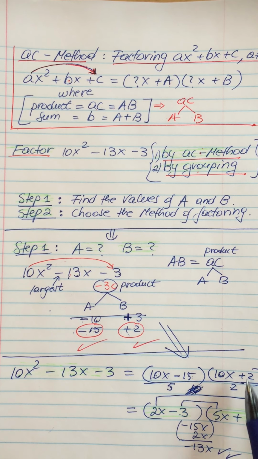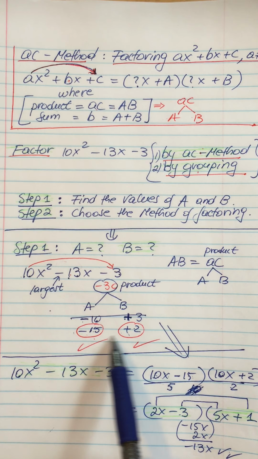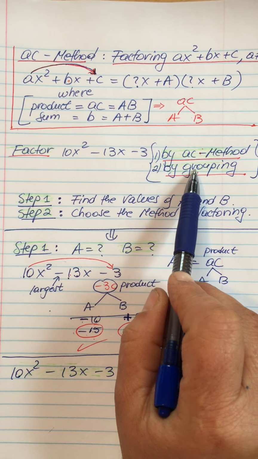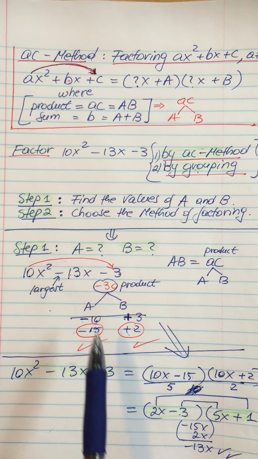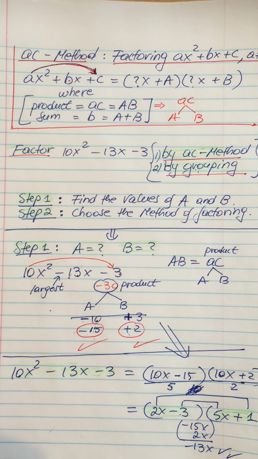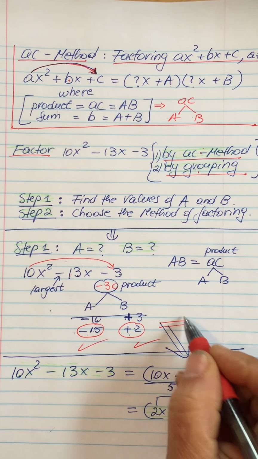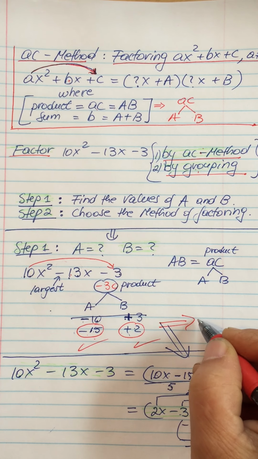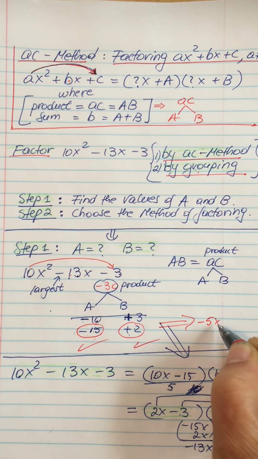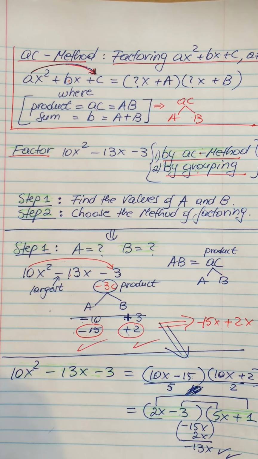But before I go to another example, I am now discussing the grouping method, because I will use those two numbers to group the terms. But to group the terms, I need 4 terms, not three terms, okay? So these two numbers for the grouping method, really their x's will serve me like this.